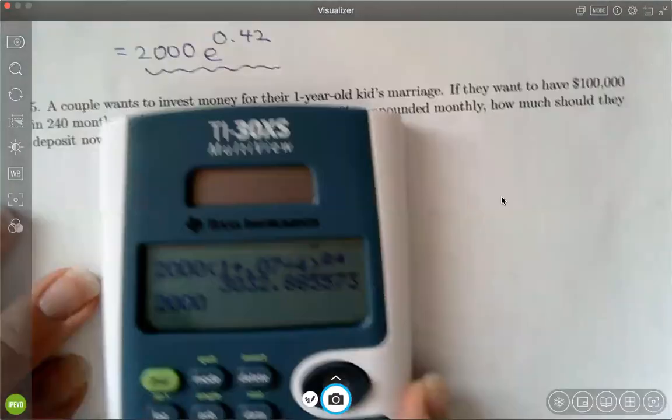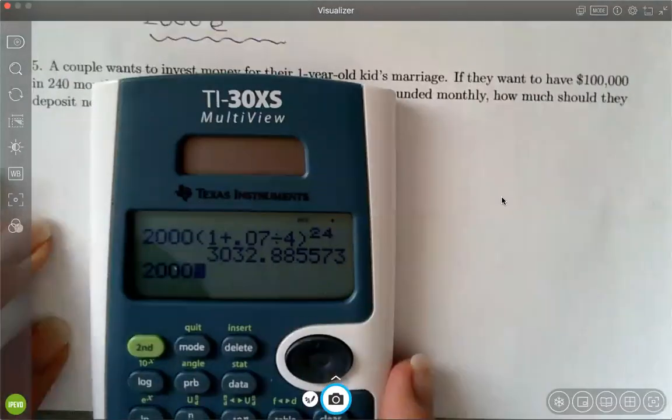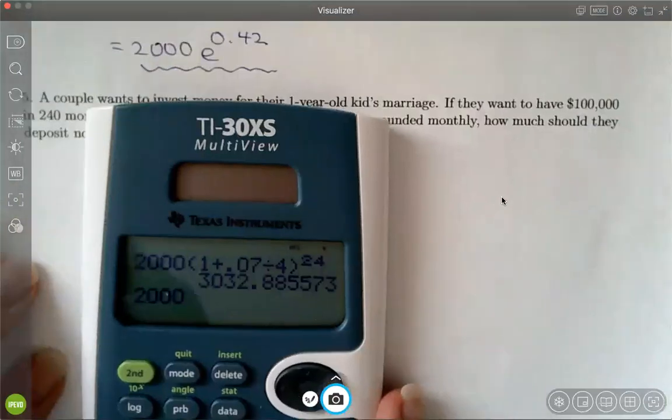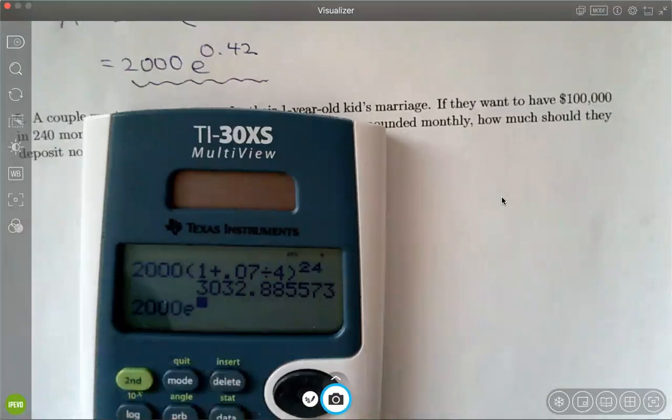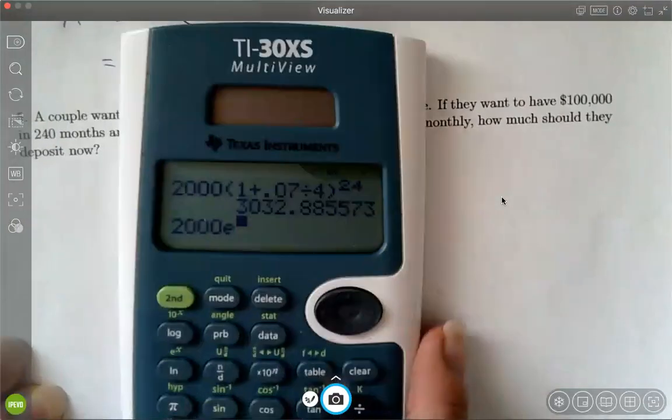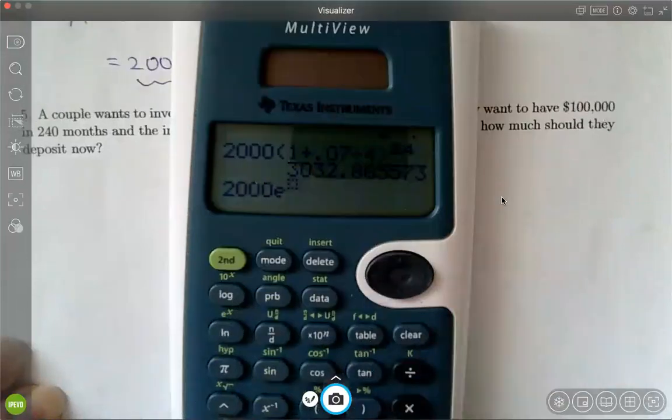Maybe that. Okay, so times E, so that means second and then ln, right? Like that. Okay, and then 0.42 here.